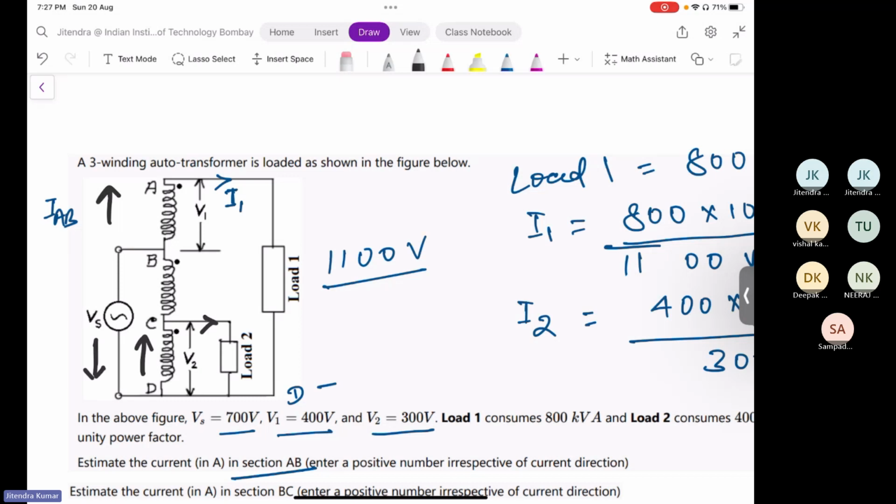Before solving the problem, if you don't have any value, you don't know, but from intuition you can guess that if load is connected, CD must be supplying to load 2. Okay. And whatever will be remaining, but regarding the BC, we must have doubt whether BC will supply to load 1 or load 2 or partially to both. And to which load it is supplying higher, load 1 or load 2.